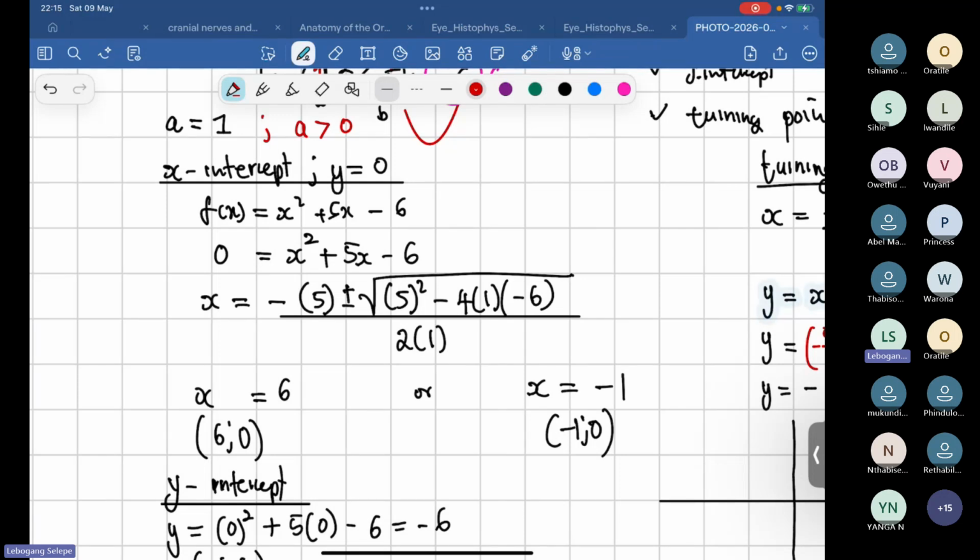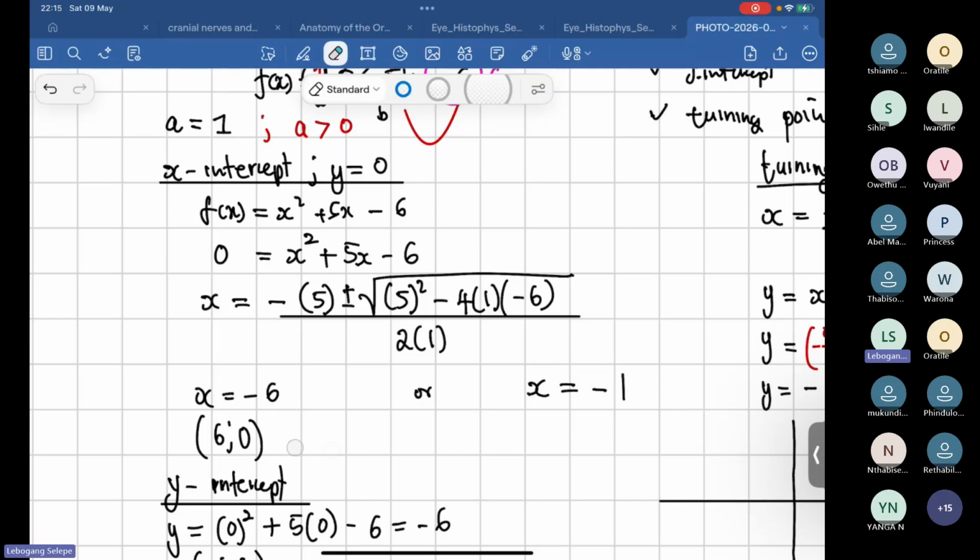Right. So yes, thank you for that. I'm getting that also when I punch my calculator. Please pay careful attention to signs. Don't be like me. I am not so good with signs. This is going to be -6, and this is going to be -1, and then a positive 1.